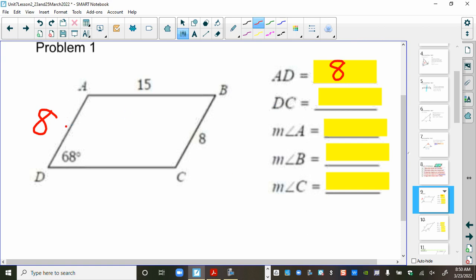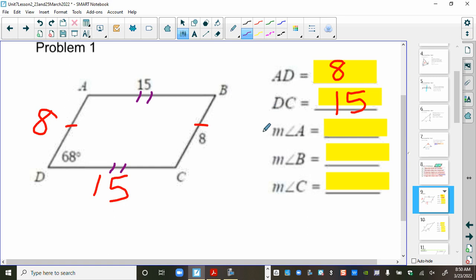They're congruent. What about DC? Okay, and also because they're opposite sides, they are congruent. That's right.